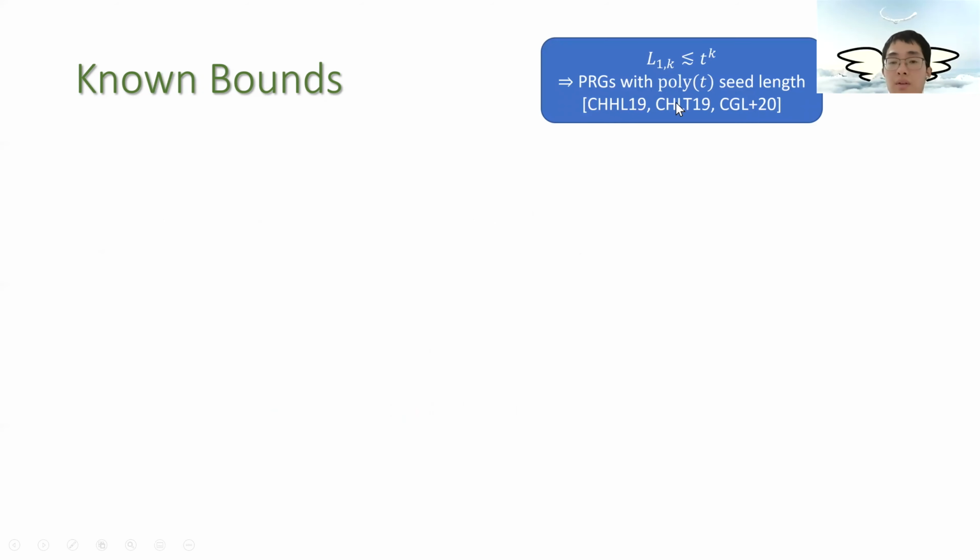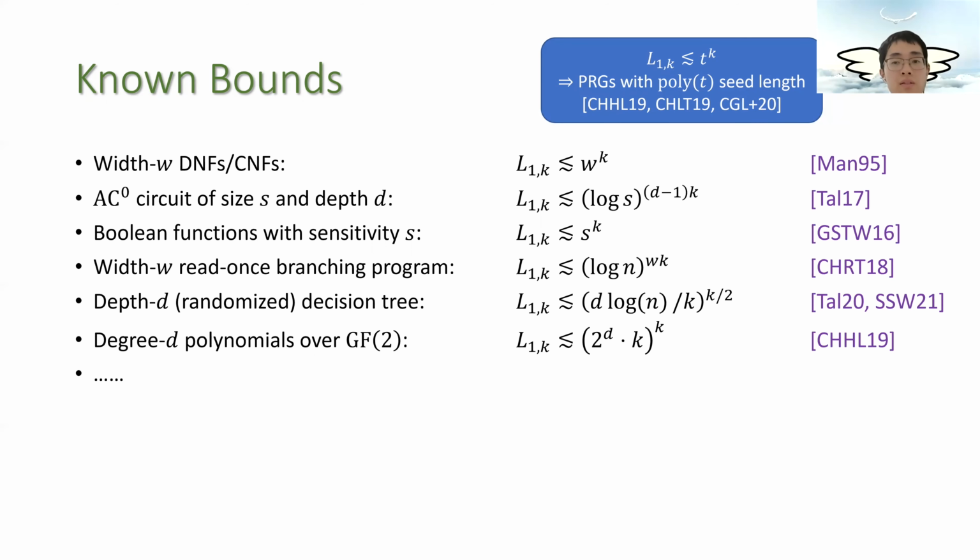Here are some known bounds. We remark that if the Fourier growth L1,k is roughly at most t to the k for some parameter t, then it will have pseudo-random generators with poly(t) seed length. And such Fourier growth bounds have been verified for various computation models.